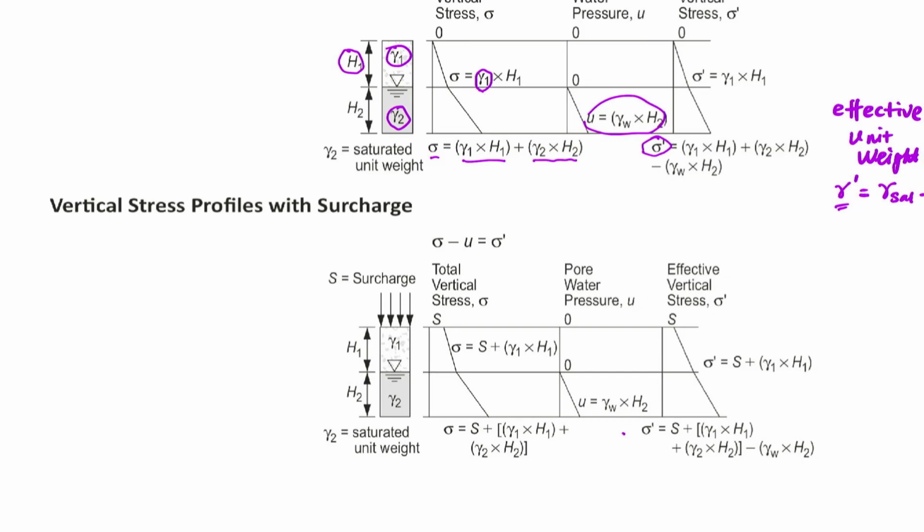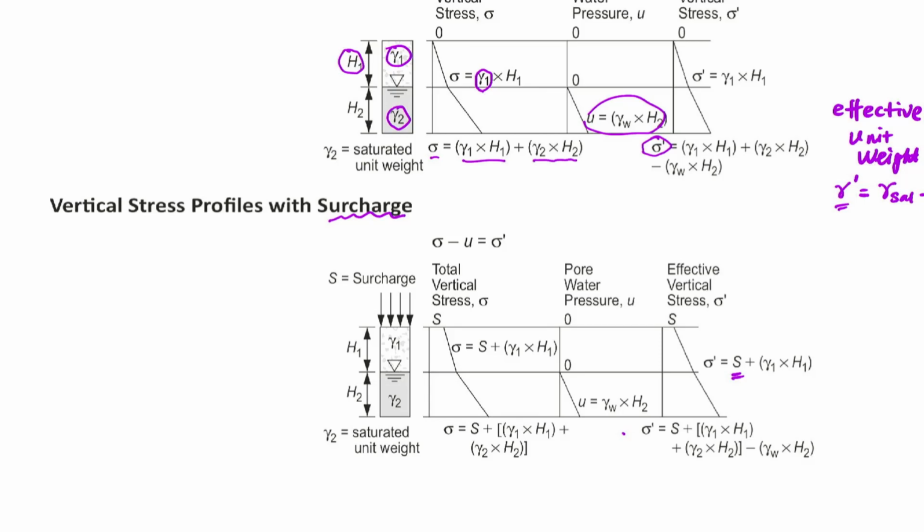There's another scenario that, of course, is not this problem: the vertical stress profiles with a surcharge. If you have a surcharge applied on the soil layer, you just apply that surcharge onto the total vertical stress sigma, and the surcharge won't affect the calculation of pore pressure, so that surcharge will also be transmitted to the effective stress.